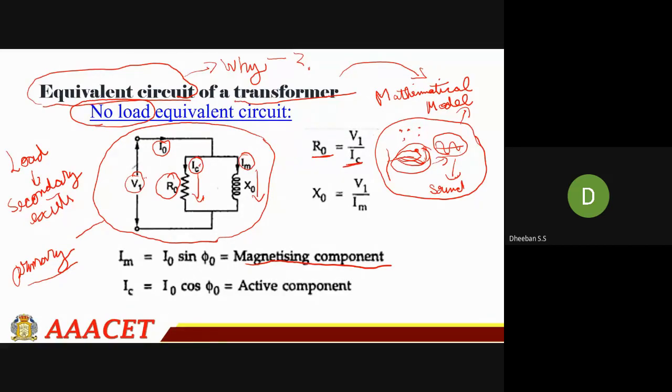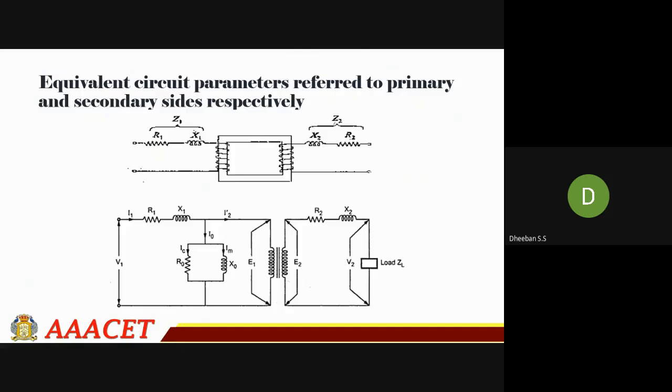At the same time, your inductive component X naught has the same voltage, because R naught is in parallel to X naught, which is in parallel to the applied voltage V1. So it will be V1 divided by the magnetizing component Im. I hope now we got the idea of the equivalent circuit, why we are going for the equivalent circuit, and the no load equivalent circuit we have seen.